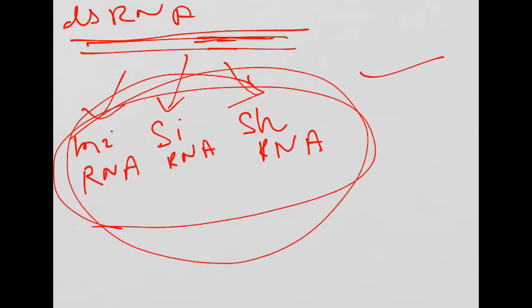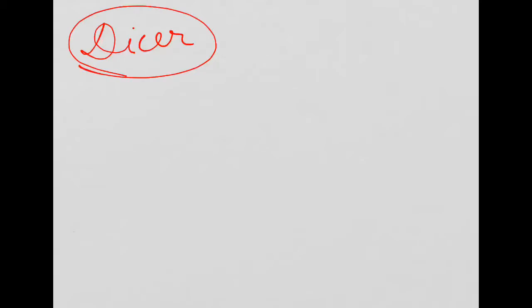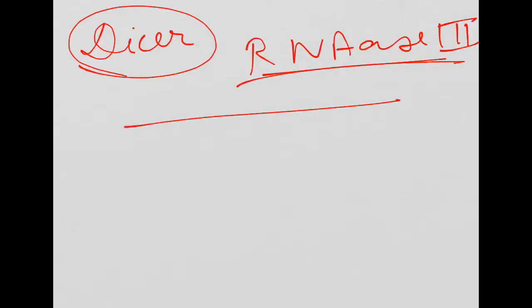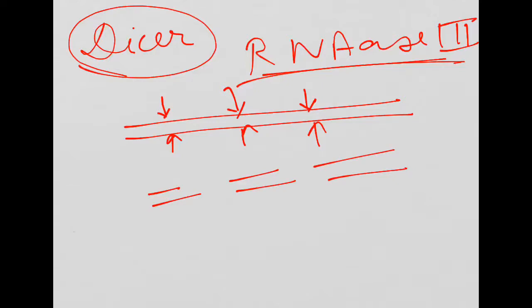So what are the enzymes actually involved? I'll talk about it a little bit. Different enzymes are involved in processing of this double-stranded RNA molecule, such as DICER. DICER is an RNase 3 type of enzyme which acts on a double-stranded molecule and cleaves both the strands, so that small molecules of the RNA strands are produced.